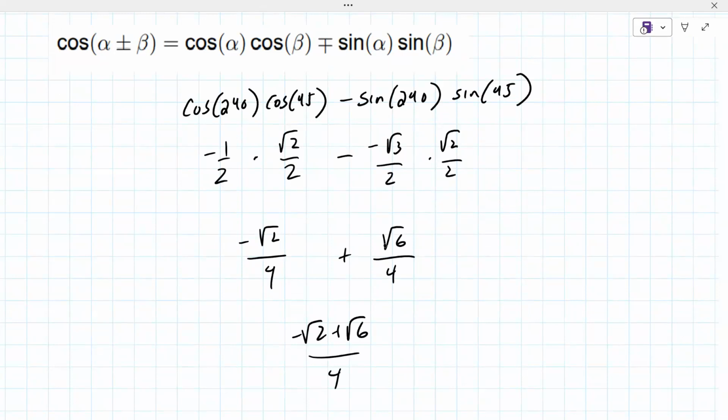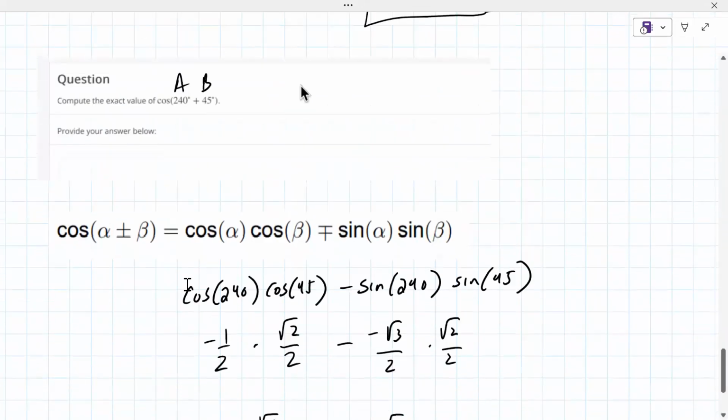And you said that the oh okay, that's why I forgot the minus. Never mind. Minus square root of 2 plus square root of 6 over 4. Let me just check this one also on the calculator.